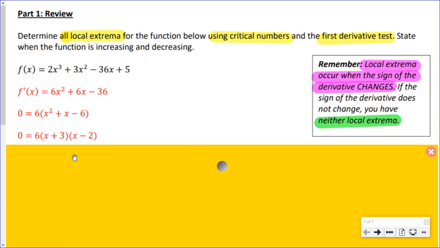Now, remember, where the derivative is equal to 0, the roots of the derivative are equivalent to the potential local maximum and minimum points in the original graph.